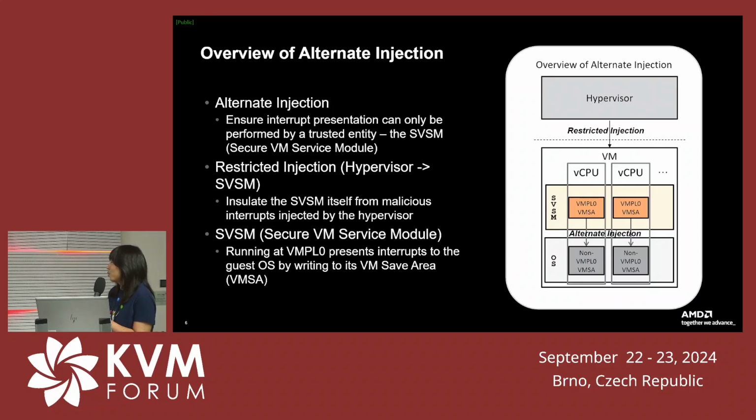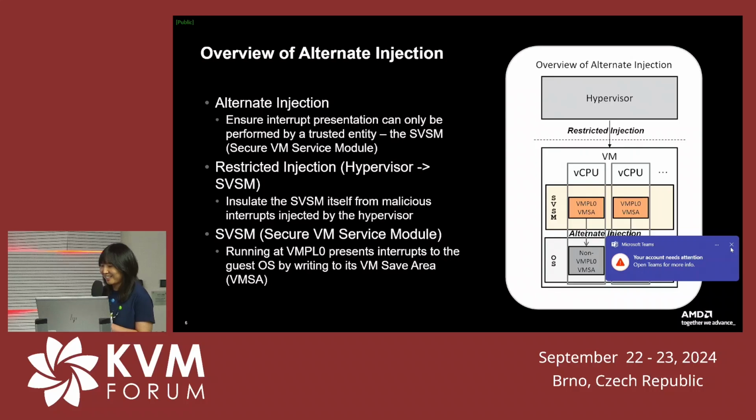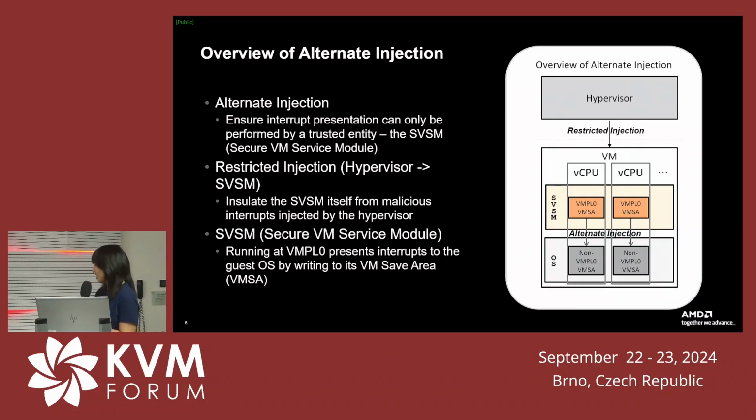The SVSM is running at VMPL0. It is a trusted entity. The SVSM will use alternate injection to present the interrupt to the lower VMPLs by writing to their VMSA.